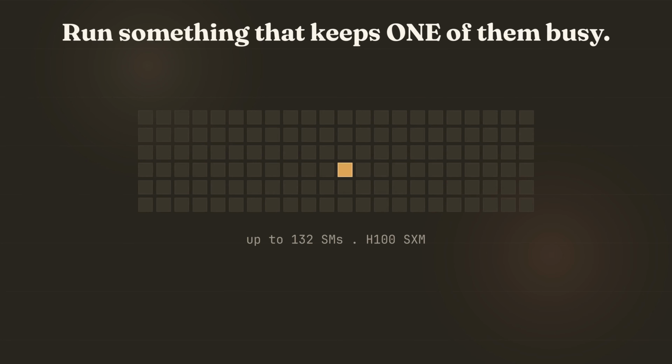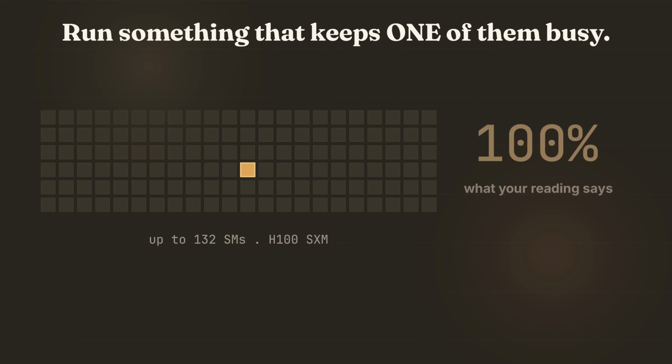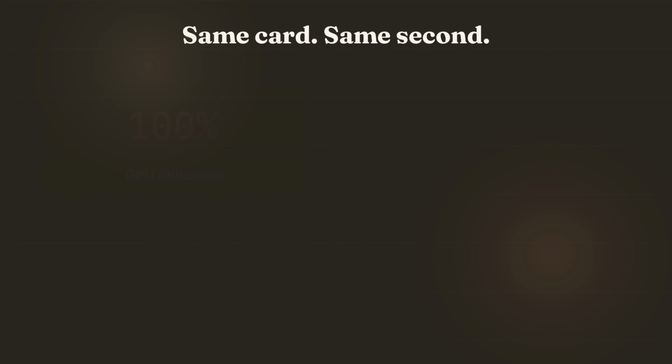And how far apart can those two get? An H100 has up to 132 little processors inside it, and they're called SMs, streaming multiprocessors, and they're where your math actually happens. So run something that keeps one of those busy and leaves the other 131 idle. What does your reading say? 100%, right? So now take the stage that writes your answer out one word at a time.